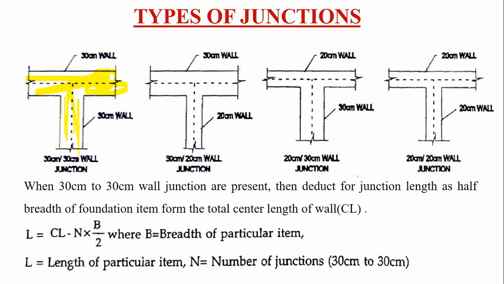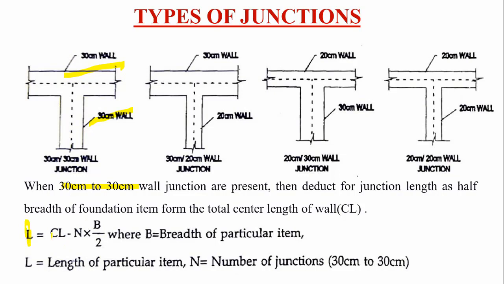So what we can remember is whenever you have a T shape, that means you will get a junction. Here, when you have a 30 centimeter main wall, this has a cross wall, right? So when you have a 30 by 30 centimeter wall, how to calculate the length now?